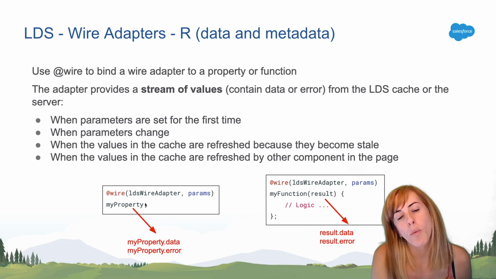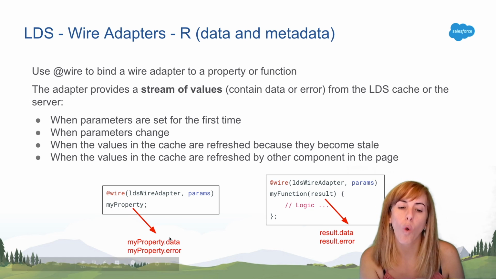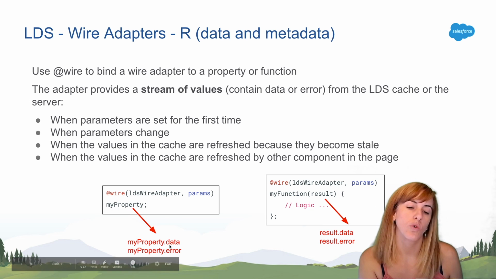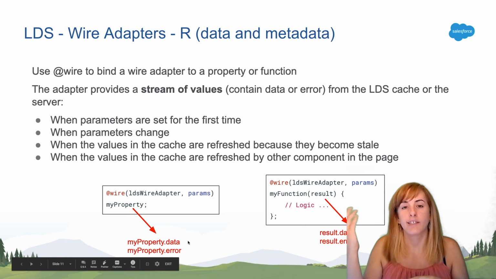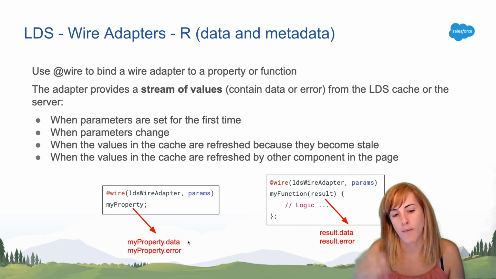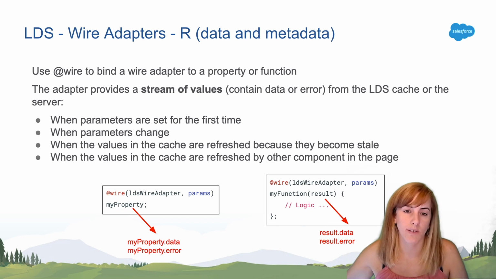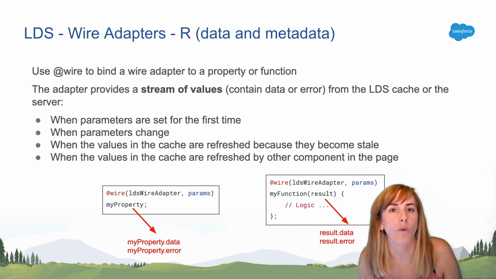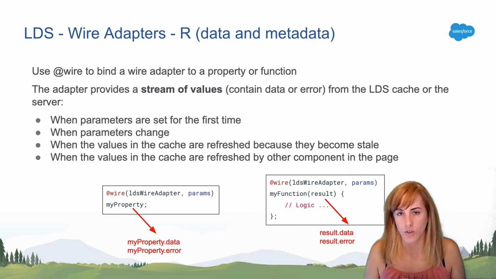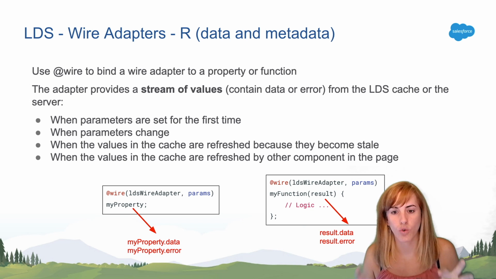So the property is going to contain always two fields: a data field and an error field. And as it's a stream of values, you can receive a different value every time. So sometimes there will be data and sometimes there will be error. You have to code your component to handle these two use cases.